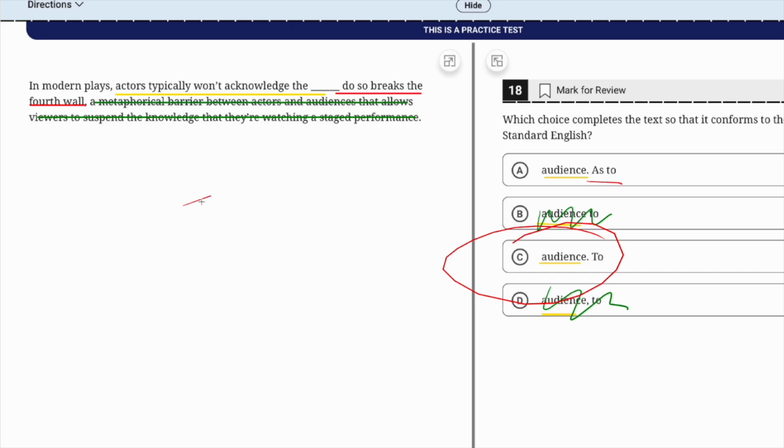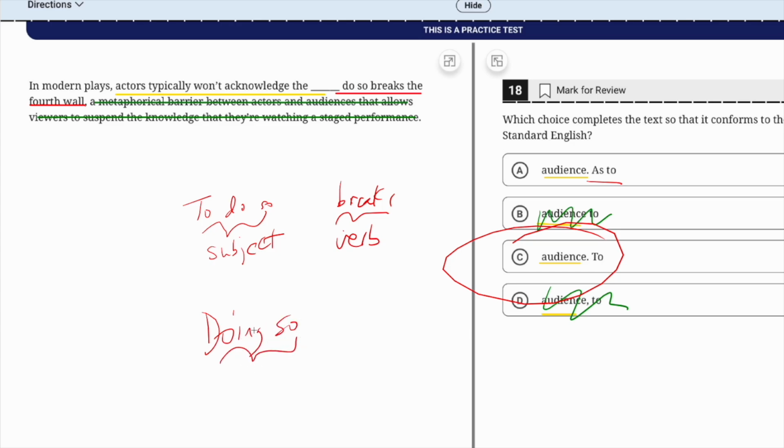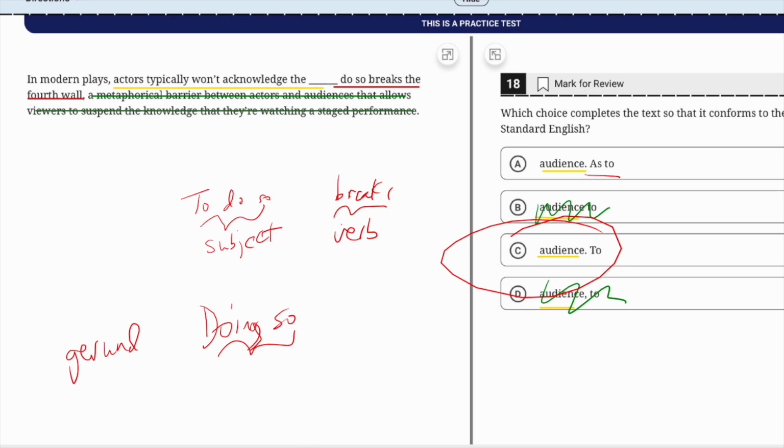To do so. That really is our subject. Breaks is the verb. And that is an unusual case, but we could think about it this way. To do so is very similar to doing so. And you might recognize that an ing word like doing, we could call that a gerund, not that it matters what we call it, but that's when you have an ing word that acts as a subject.